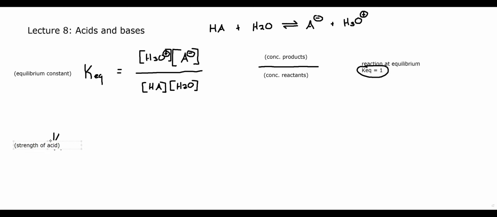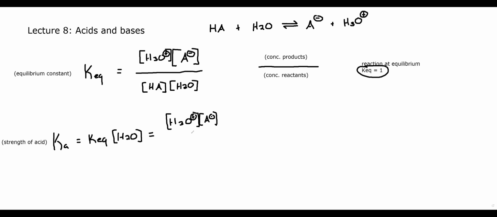Ka is just the strength of an acid. Now, what we're going to do is set this equal to the Keq of water, which is H3O plus and A minus over just HA.